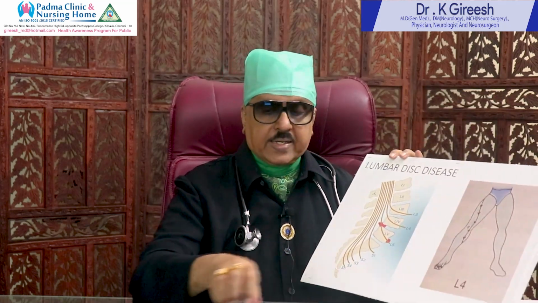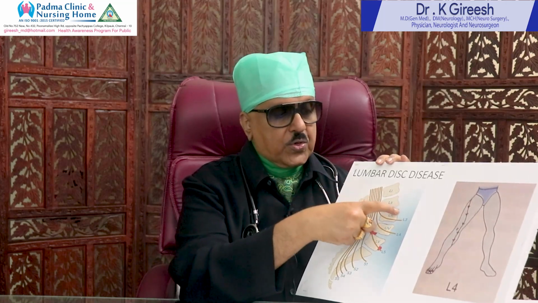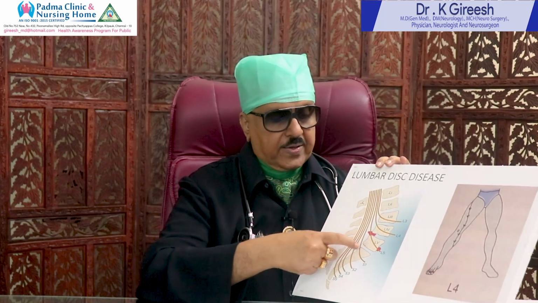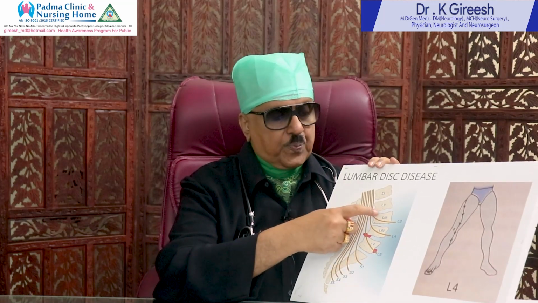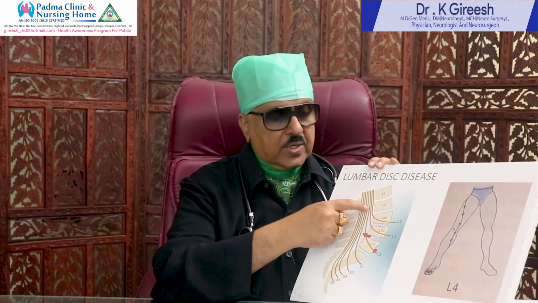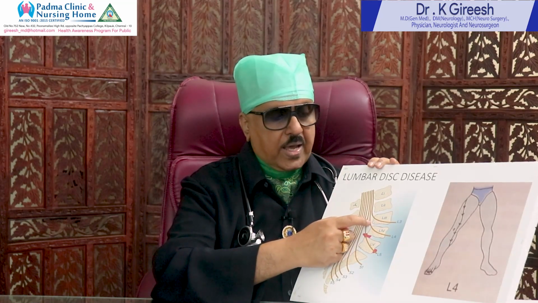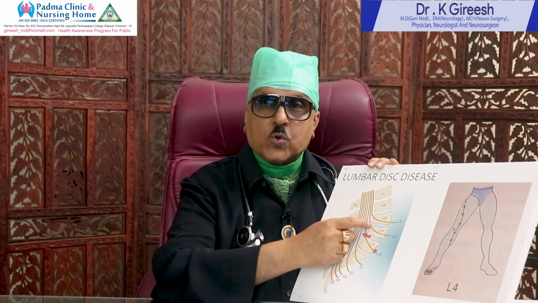Now, see this very clearly. I told you here the L3, the L4, L5 and S1. So, between L3 and L4, find the L4 root going out, and you see the disc comes out and compresses the L4 root.